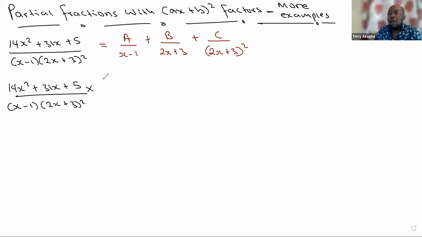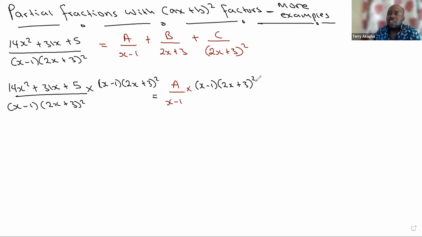Then I'll multiply it by the same thing, x minus 1, 2x plus 3 all squared, and that will be equal to A over x minus 1, and I'm going to multiply it by the denominator as well, x minus 1, 2x plus 3 all squared.